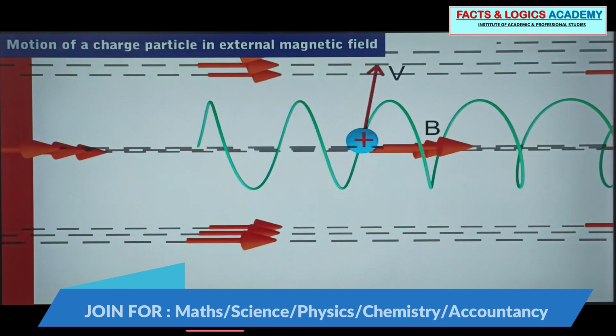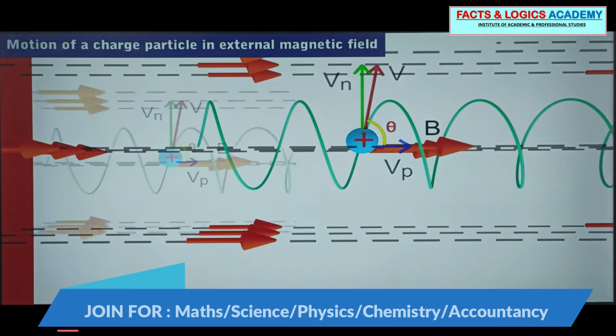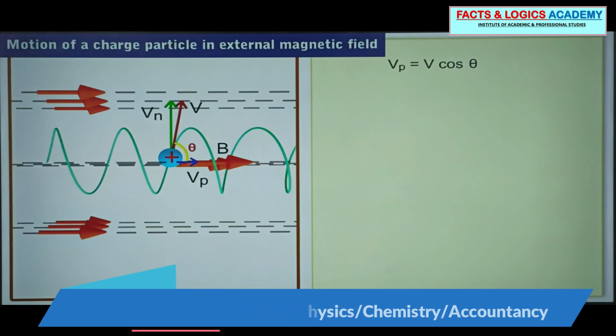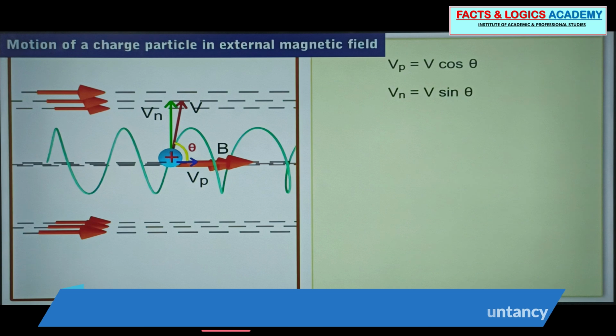One component parallel to the magnetic field, Vp, and the other component perpendicular or normal to the magnetic field, Vn. Since Vp is parallel to the direction of the magnetic field, we have Vp is equal to V cos theta. As Vn is perpendicular to the direction of the magnetic field, we have Vn is equal to V sin theta.